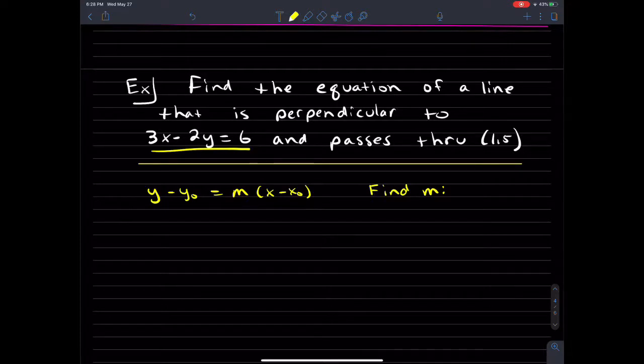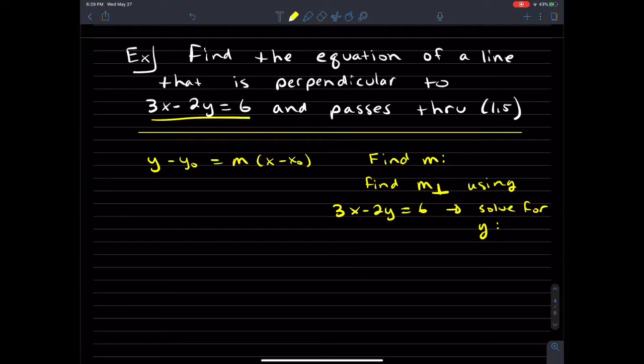So let's find the perpendicular. It's called m. We'll put a little perpendicular sign there using 3x minus 2y is equal to 6. So we got to basically put it in the y equals mx plus b form. Solve for y. Okay.